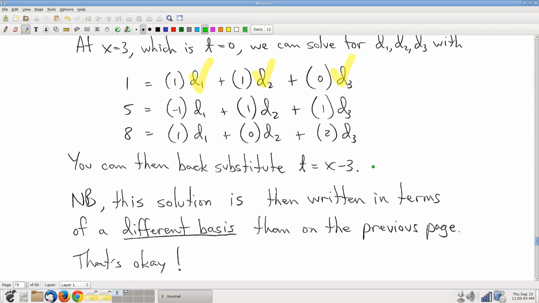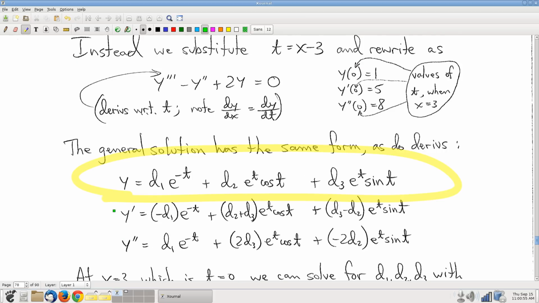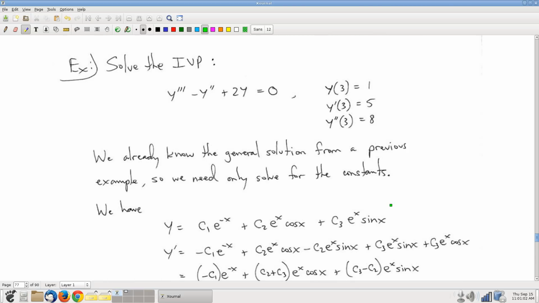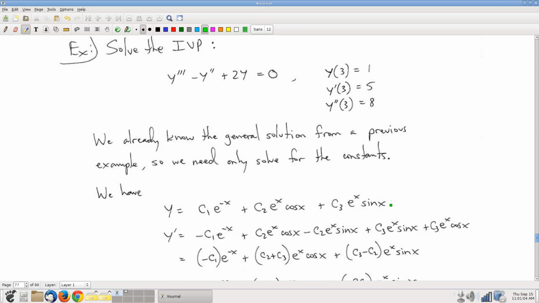All right. So the thing that makes this trick work is this idea that what we're effectively doing is finding a different basis to work with. I mean, algebraically, it's a substitution. We find a substitution that makes the arithmetic easier. But from a more sophisticated point of view, we started looking at this initial value problem in an unintentionally awkward way. We're looking for a particular solution of some sort in terms of this basis, these three functions.